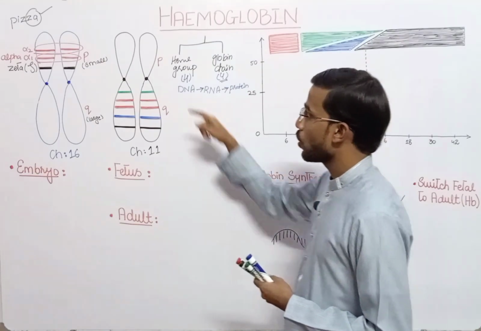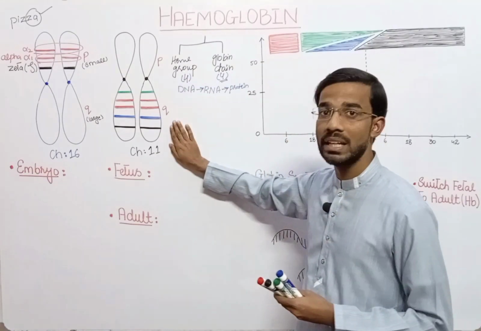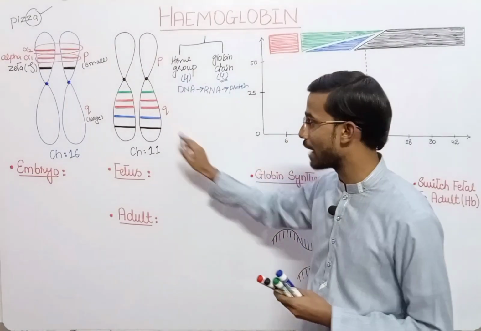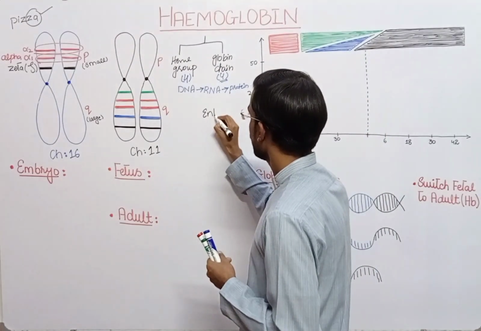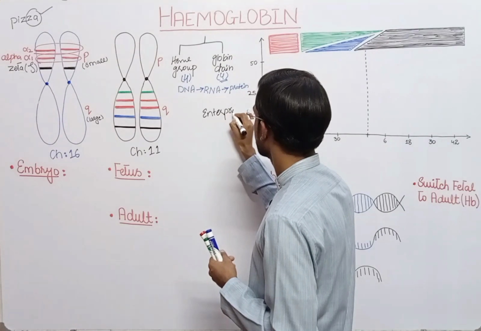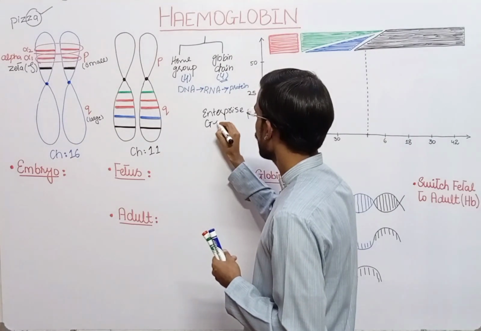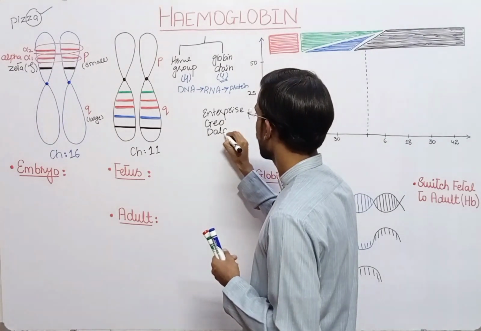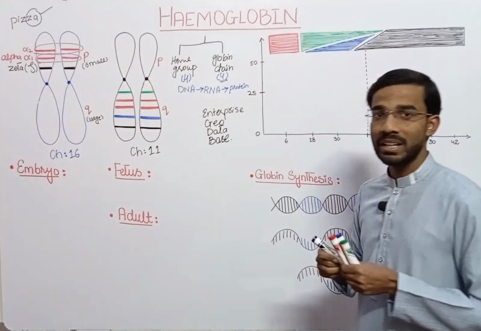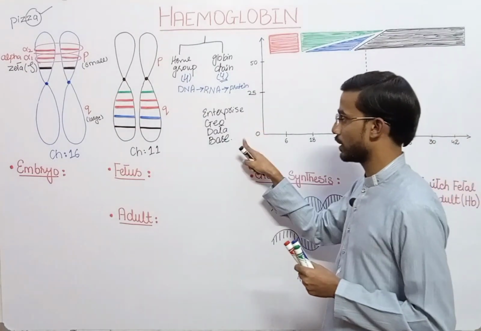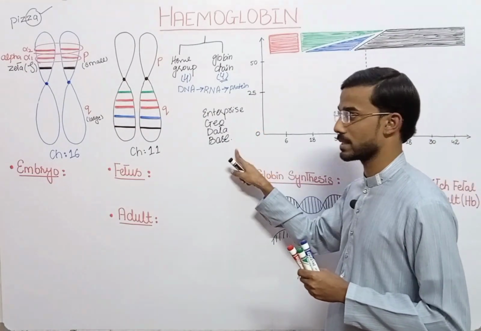Here you can see what types of genes are present on the larger arm of chromosome 11. So you will remember it by the phrase: enterprise geodata base.